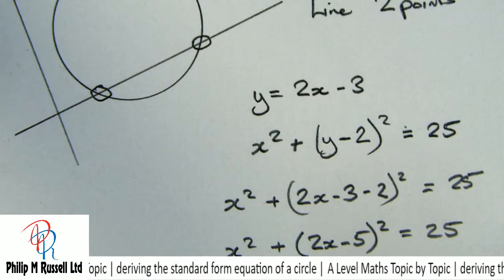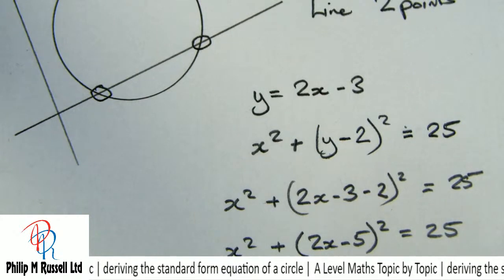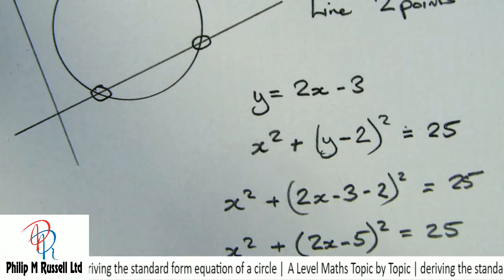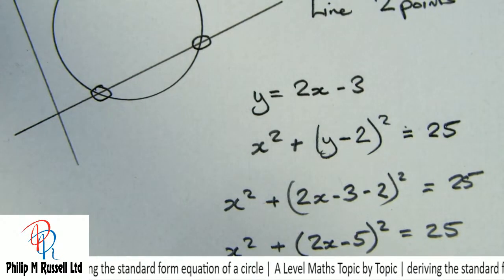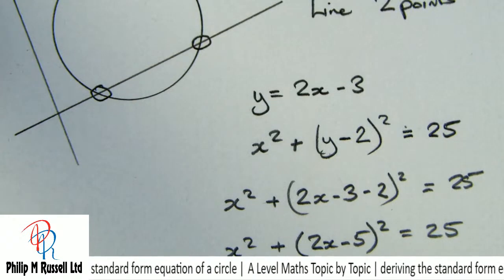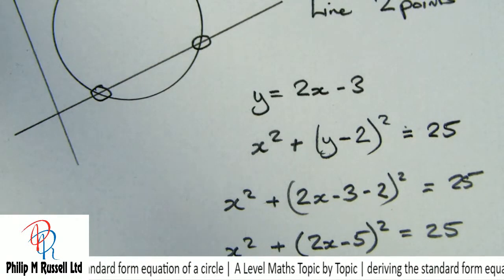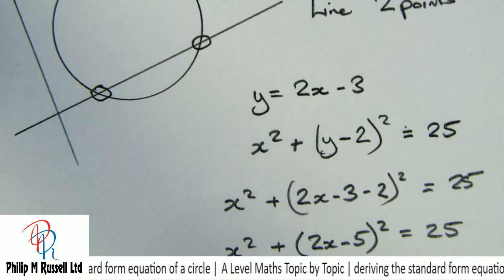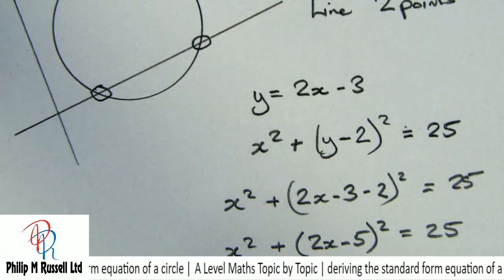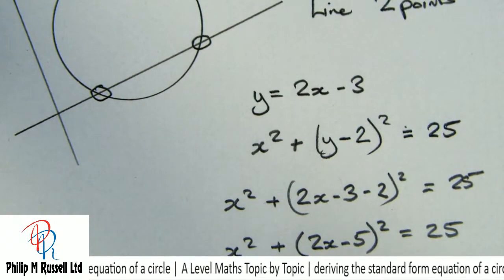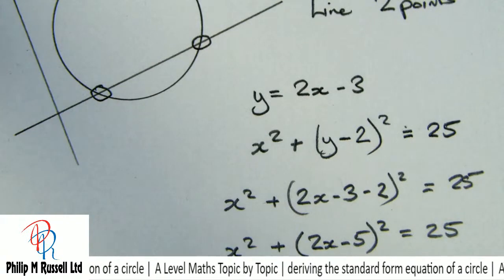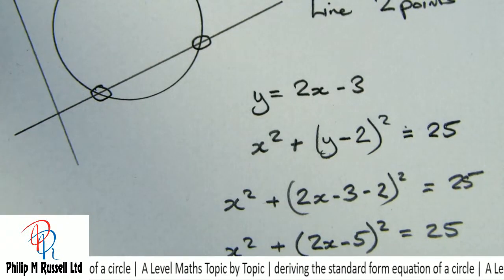Bring that one over, minus the 25 equals 0. Solve this. This is going to give me 5x squared minus 20x equals 0. And I've got a nice one where I can take a factor of x out, giving 5x minus 20, and indeed we can take a factor of 5 out as well.